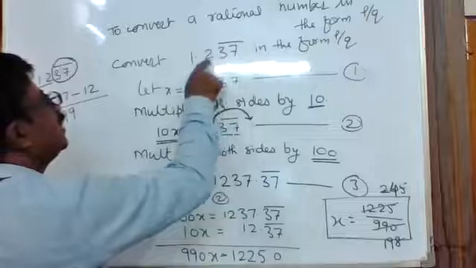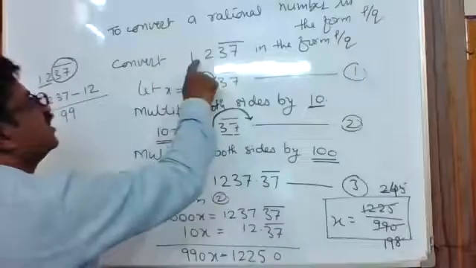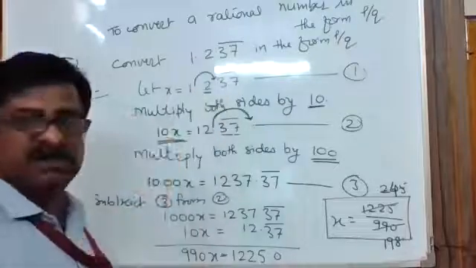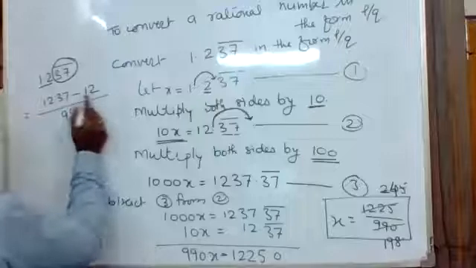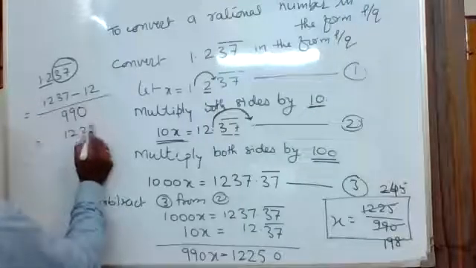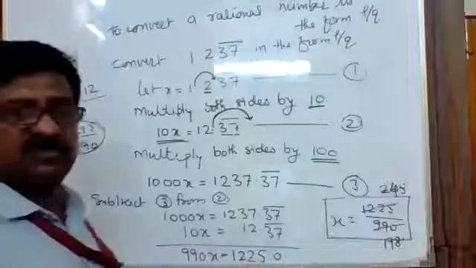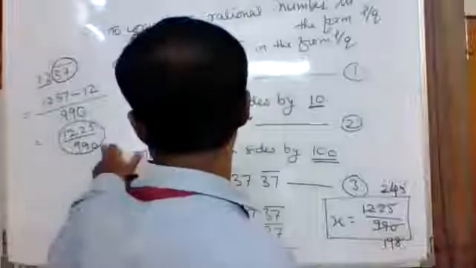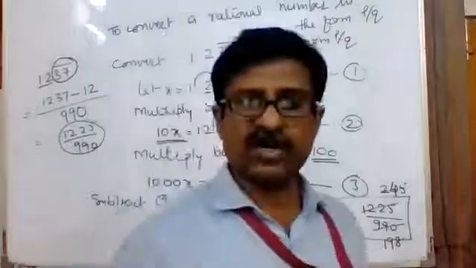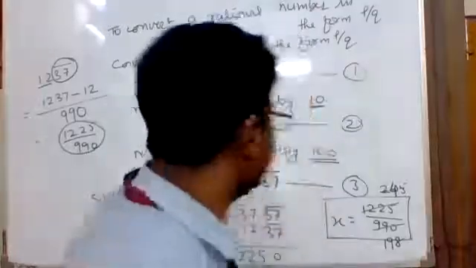After that, we see how many digits after the decimal do not have the bar. There is only 1 digit not having the bar, therefore we put 1 zero. 1237 minus 12 is 1225 upon 990. That's the answer. When you convert 1.237 bar, we get 1225 upon 990. Expecting this topic is clear to you.